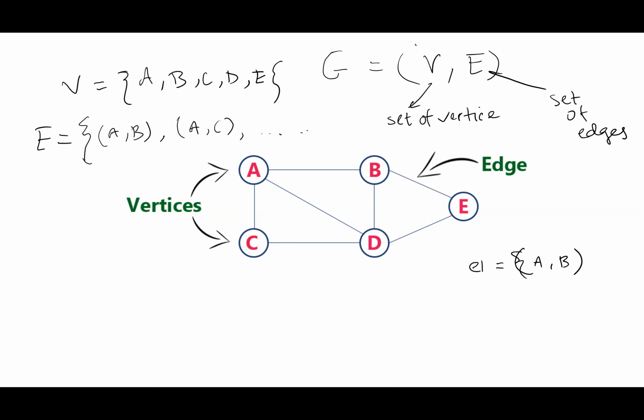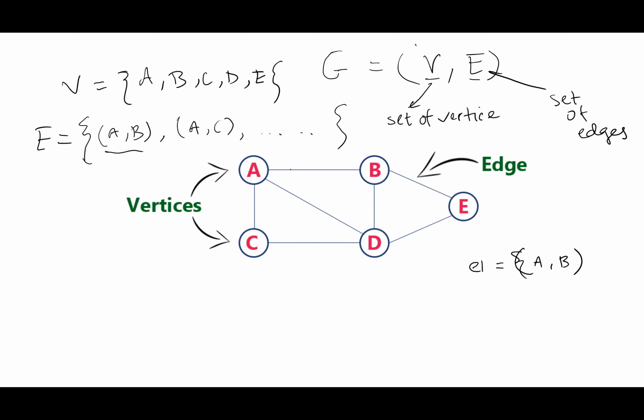So these are all the edges. So basically, we are defining each edge as a pair of vertices, okay? So this is how we define a graph, as a set of vertices and edges, where each edge is a pair of vertices.